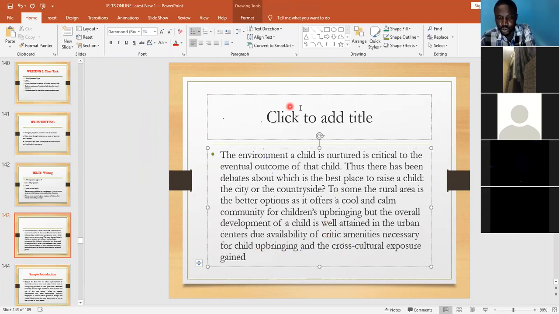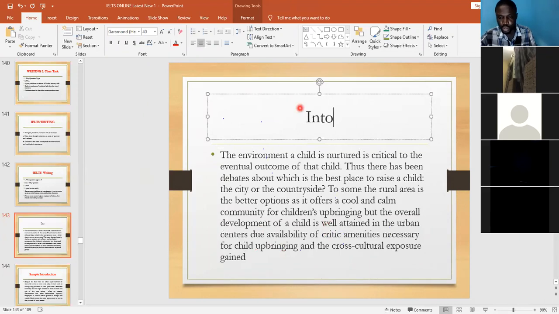Okay, so this is my introduction. I said the environment a child is nurtured in is critical to the eventual outcome of that child. Thus, there has been debate about which is the best place to raise a child, the city or the countryside.